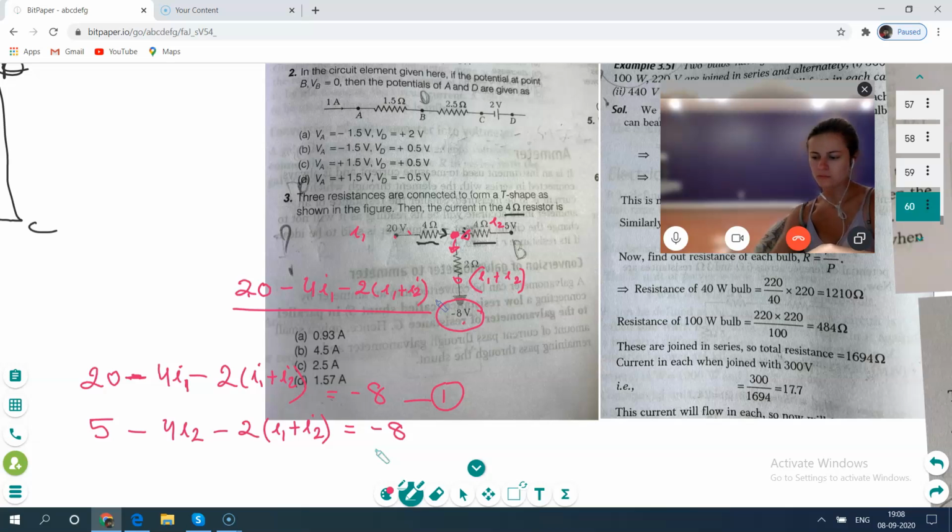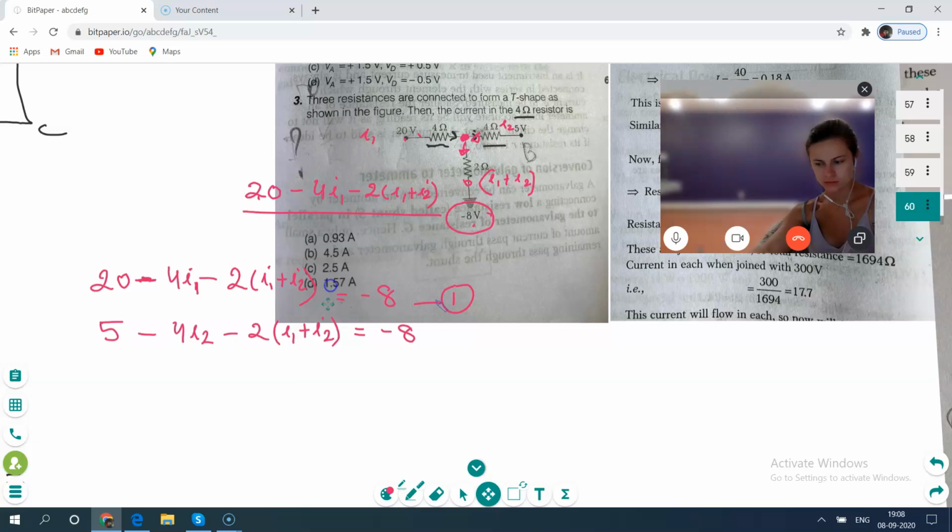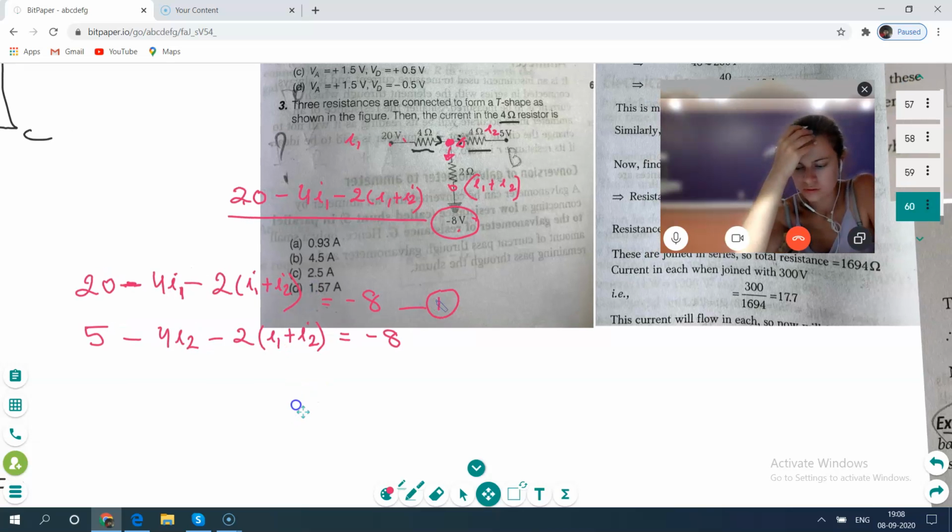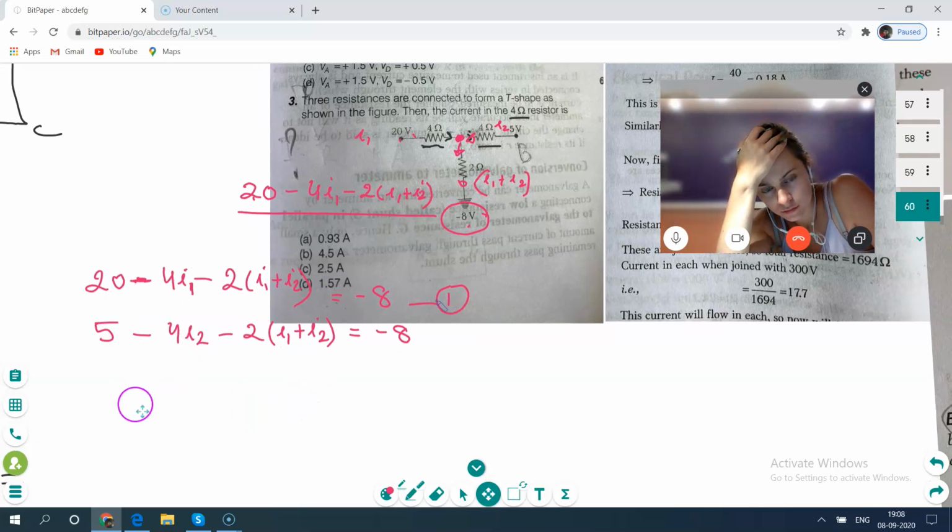If I add these two, what will happen? I mean, it's not going to be removed.